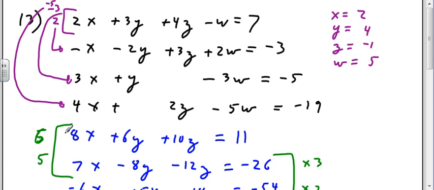How did we do that? 6 minus 2. 6 minus 2 isn't a 6. 6 minus 2 is 4. 8 plus 3. 8 plus 3 is 11.